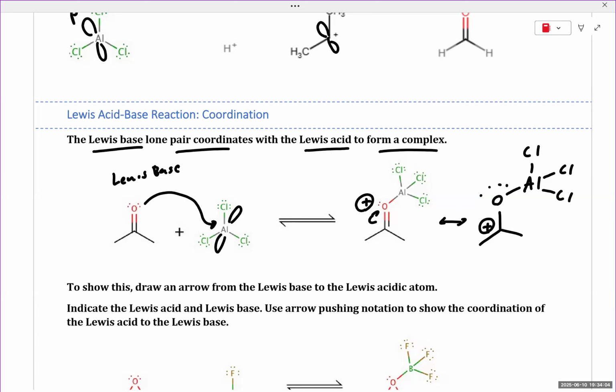Which means that if you have anything with an available lone pair that can attack this carbocation, overall, when you have this Lewis acid coordinating to your Lewis base, you activate the Lewis base for further reaction.